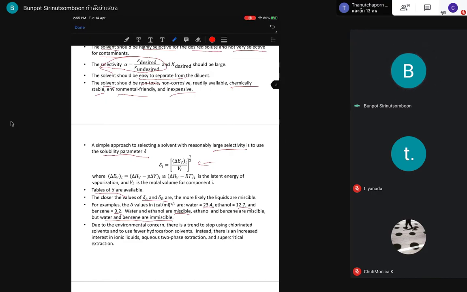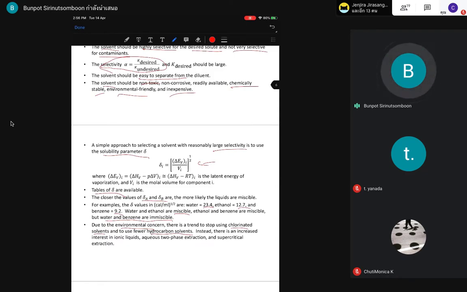Okay. And another thing is the environmental concern. Nowadays there are many techniques used in liquid extraction. In the past, people used chlorinated solvents and also hydrocarbon solvents, and these are quite toxic and not environmentally friendly.